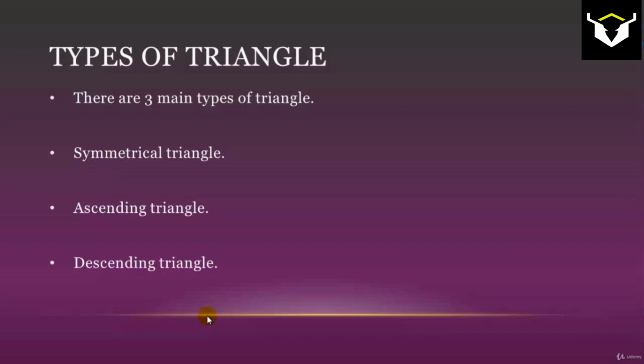Basically, ascending and descending triangles are mirror images of each other with different trend direction implications, whereas a symmetrical triangle is actually a neutral triangle.